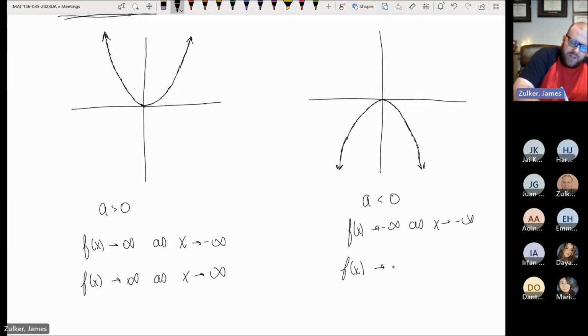In the case where the leading coefficient is negative, f of x decreases without bound. Right? So it tends towards negative infinity on both sides.